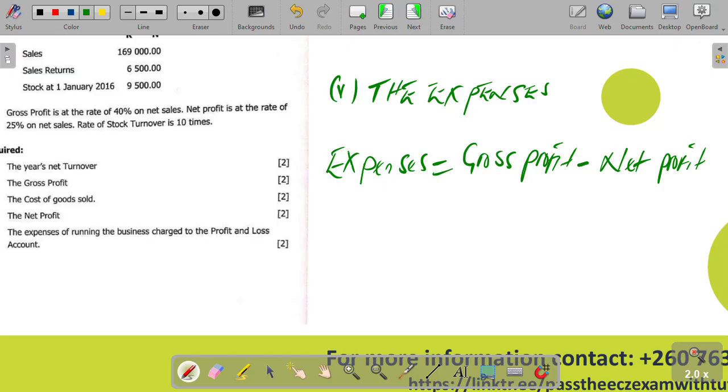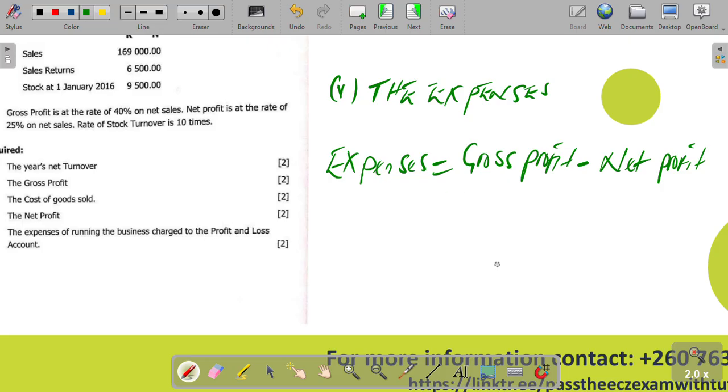Remember, you are told to find the expenses, and the expenses are the difference between gross profit and the net profit. So this is how you calculate the expenses. If you want to find the net profit, we subtract expenses from gross profit to get the net profit. When you want to find the expenses, subtract net profit from gross profit.